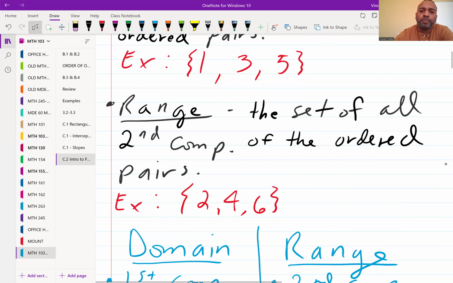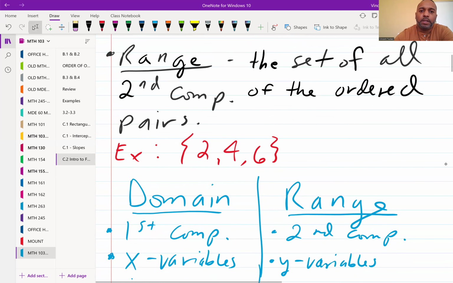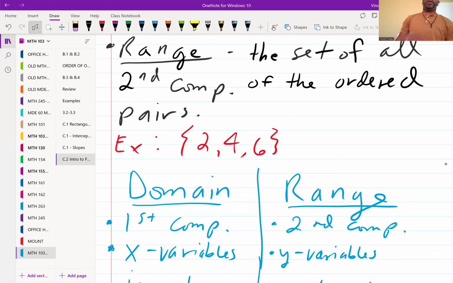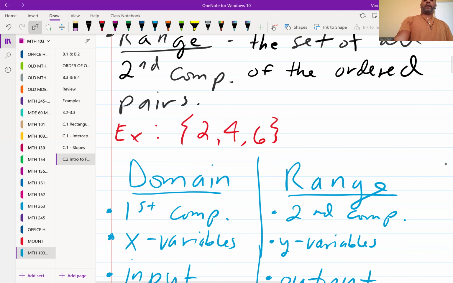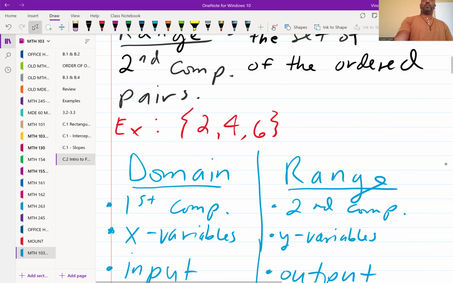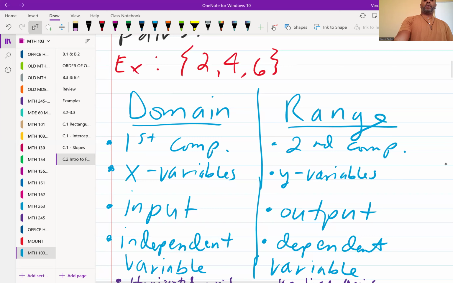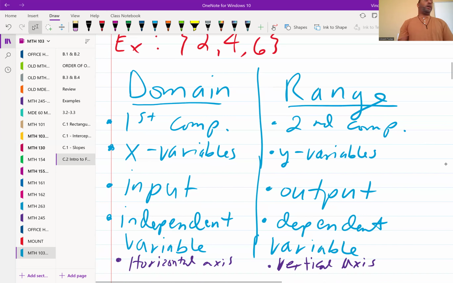All right, so the next thing that's in blue is just a comparison between domain and range, different ways you can identify what's your domain and range. We already talked about first versus second components of your ordered pair. That means your domain will be your X variables, your range will be your Y variables. And then here, it could be an input versus your output, independent variable versus your dependent variable.